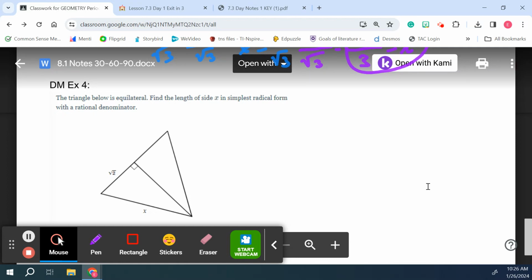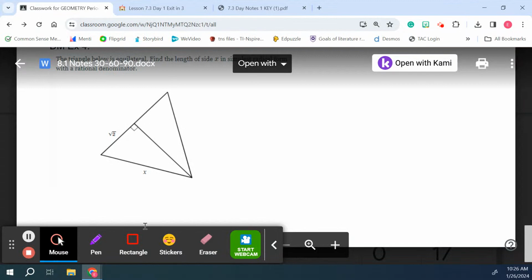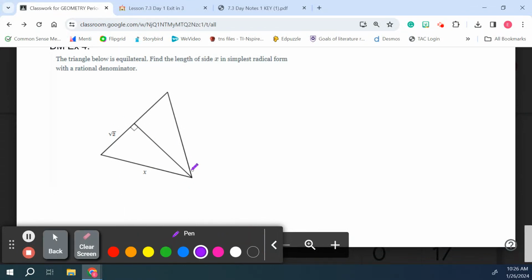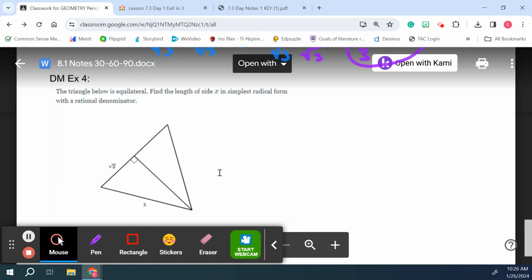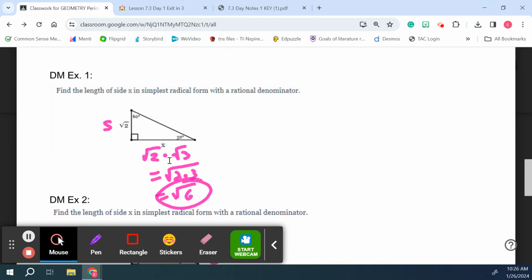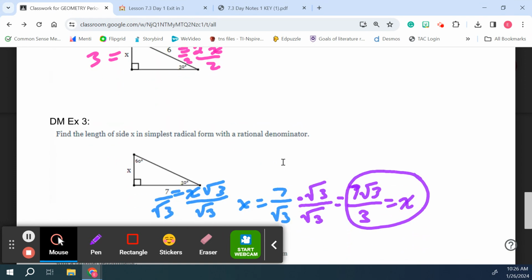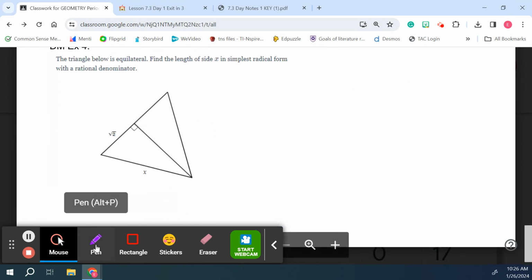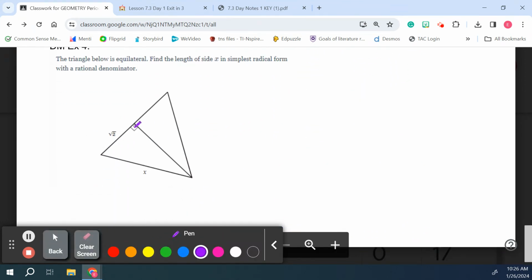Example 4, the triangle below is equilateral. Find the length of side x in simplest radical form with a rational denominator. Okay, so in this case, believe it or not, guys, this is actually very similar to this, except we have a hypotenuse instead, okay? So if we take a look at this, one thing we know is this is an equilateral triangle, so all this is congruent, right?